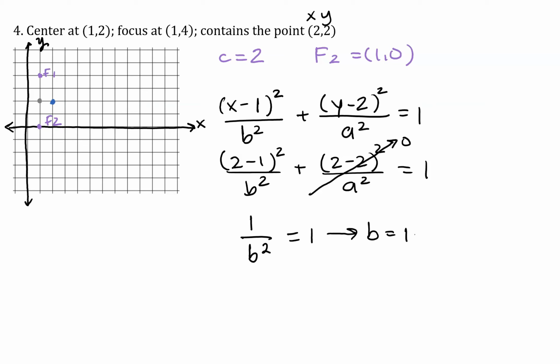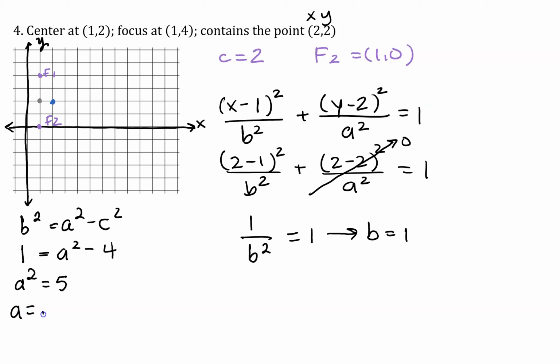Now we want to find our little a squared. And so we're going to use the equation that b squared is equal to a squared minus c squared to solve for little a. So we have 1 is equal to a squared minus 4. I just plugged in b squared and c squared to see that little a squared is equal to 5.